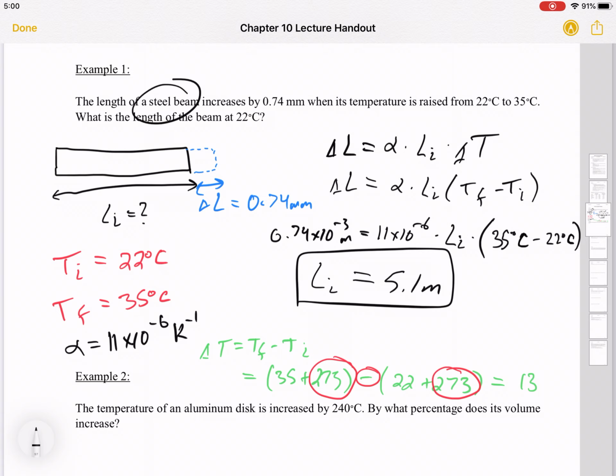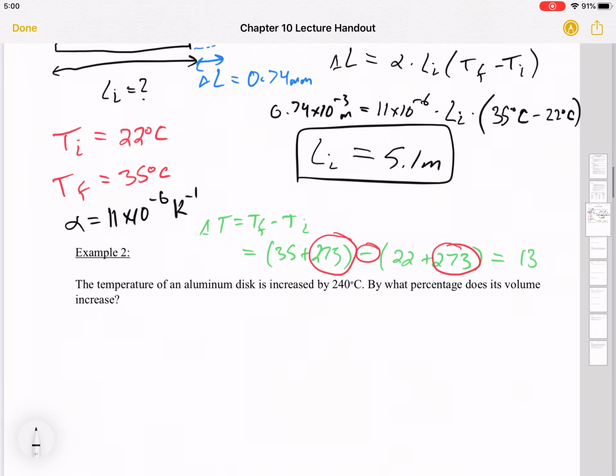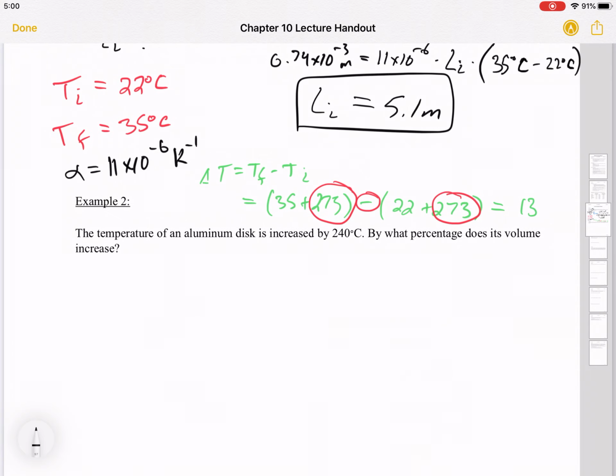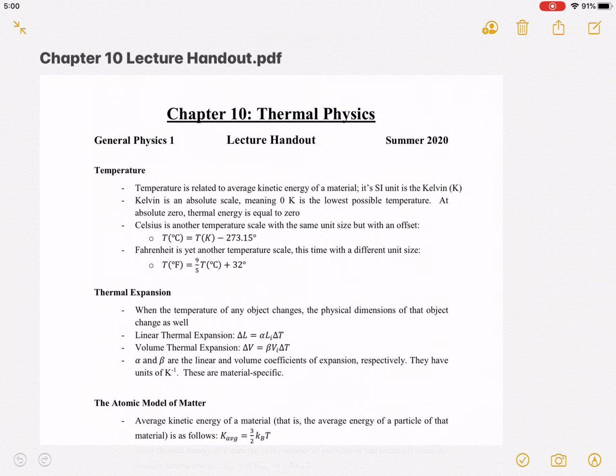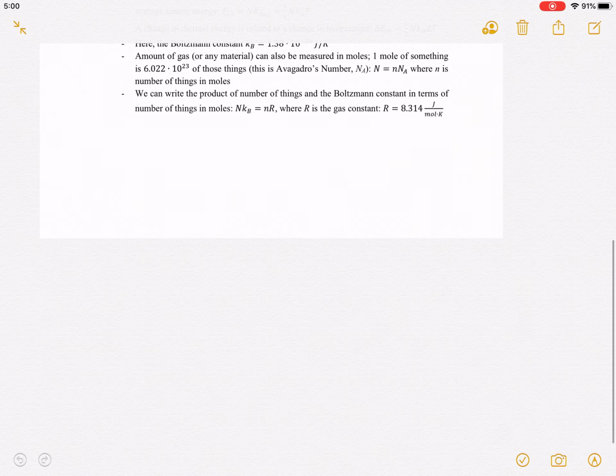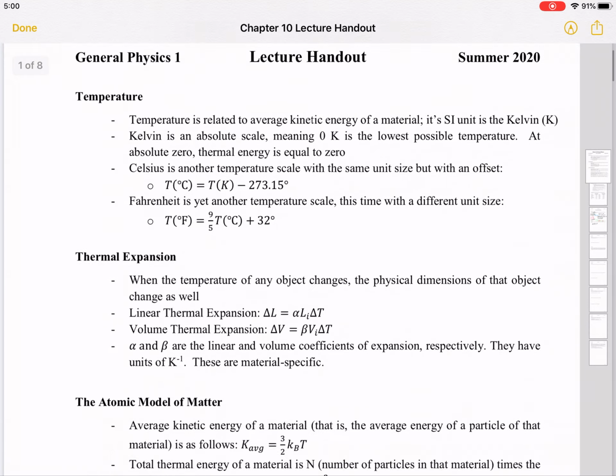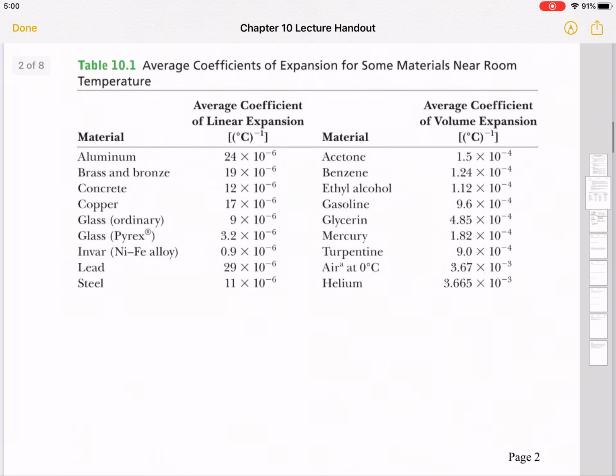So we will see in the future how this applies to volume. Actually, let me just say it right now. So how does this apply to volume? Well, if this happens from one direction, it will generally happen for all three. So we have another equation for volume, which is delta V equals beta V initial delta T. And you probably saw here, it was earlier in the same handout, I have these expressions for volumes as well.